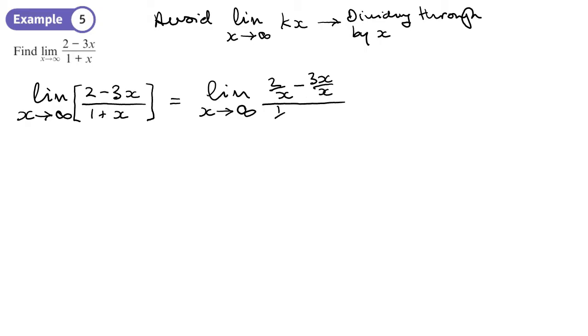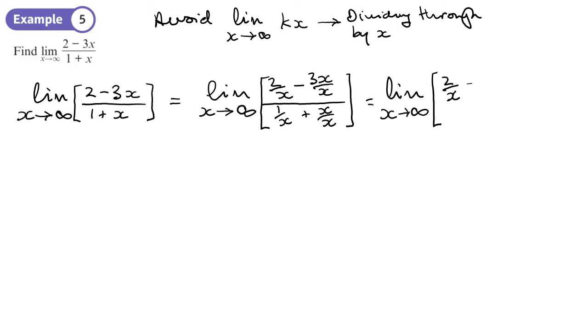Over 1 over x plus x over x. Right, so we can simplify that. So the limit as x tends to infinity now will become 2 over x, we can evaluate that, 3x over x will just become 3. And then we have 1 over x, we can evaluate that, plus 1.